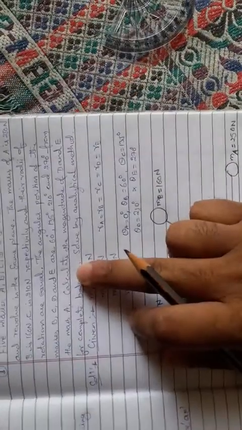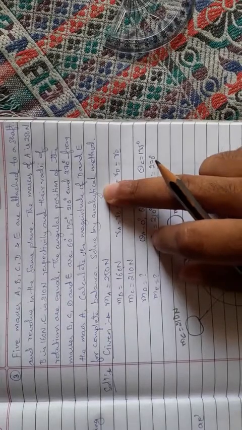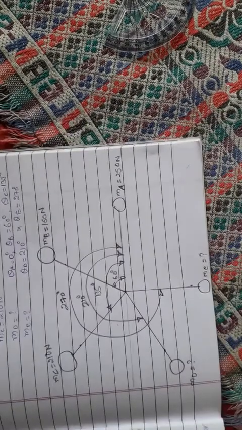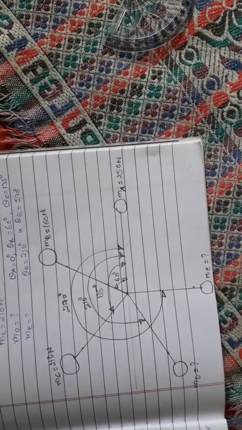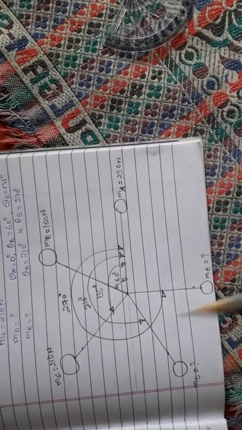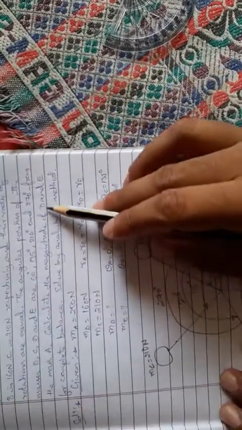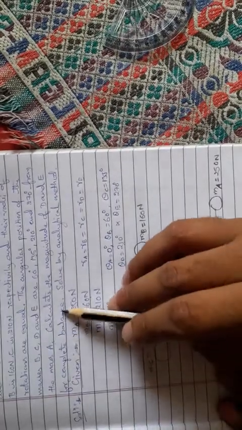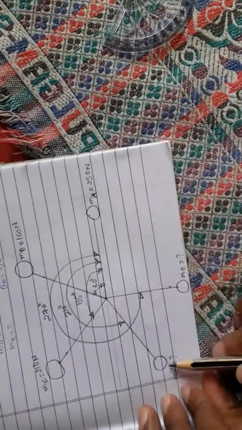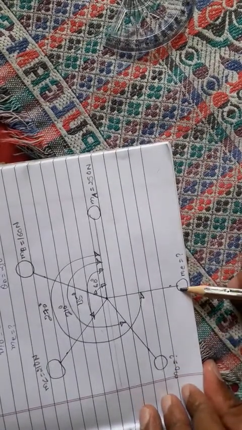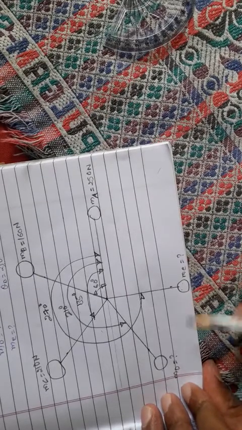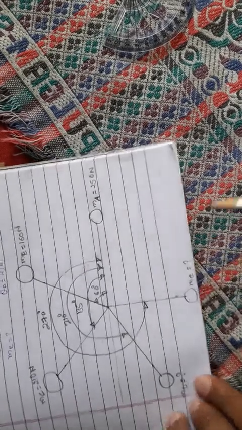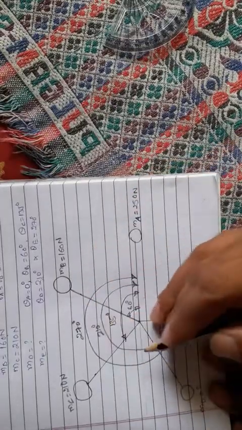In this problem it is necessary to calculate by the analytical method. One more important point: we are asked to calculate the magnitude of D and E for complete balance, but we don't know the values of these two magnitudes, that is MD and ME. But it should be completely balanced.